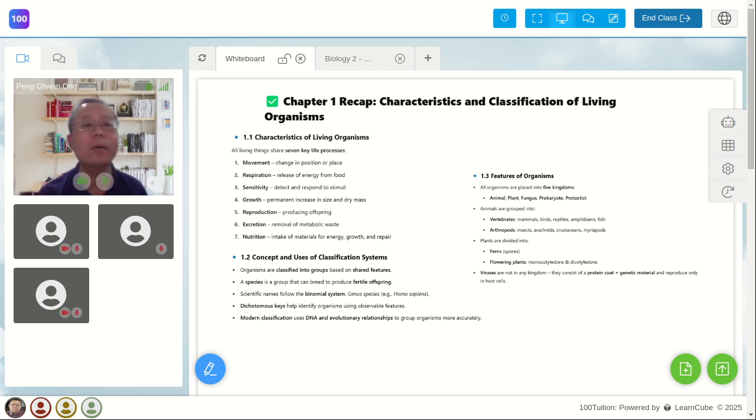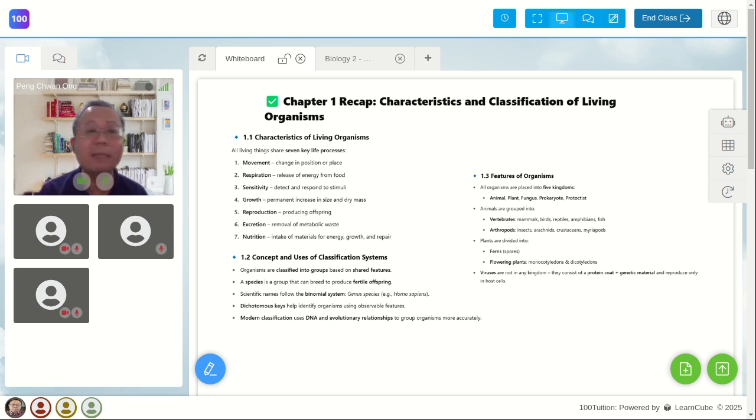A species is a group that can reproduce to produce fertile offspring. The genus species is the naming convention for the binomial system. We also learned about dichotomous keys and modern classification using DNA and evolutionary relationships to group organisms more accurately.